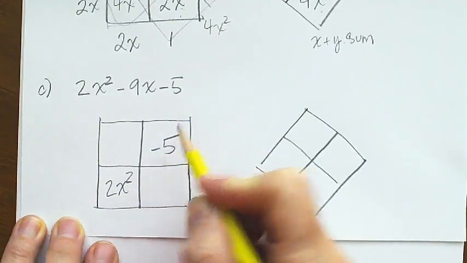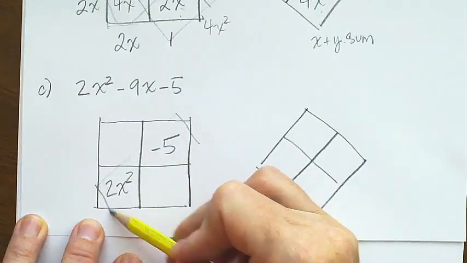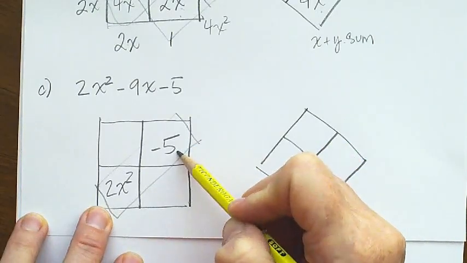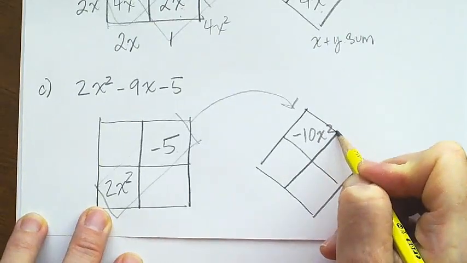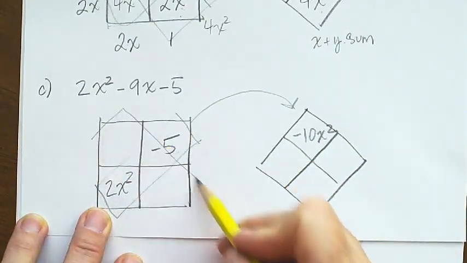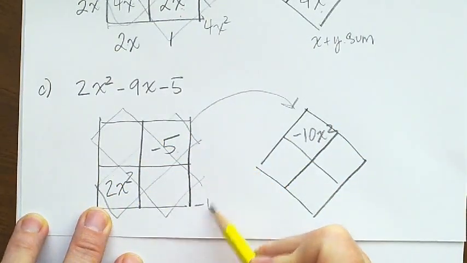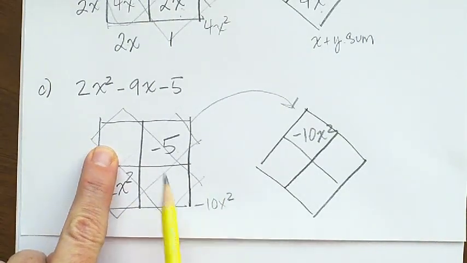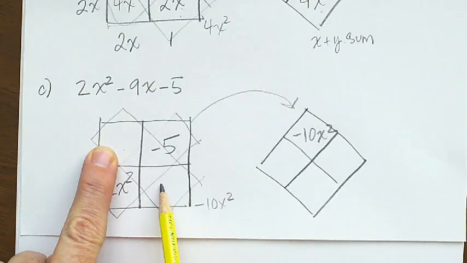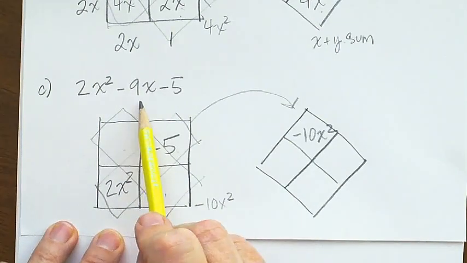We know negative 5 is going to go here. And when I multiply 2x squared times negative 5, I get negative 10x squared. I know when I multiply these, I'm going to get negative 10x squared, but I know that these two together, the tiles that are here and the tiles that are here, are going to sum to negative 9x.